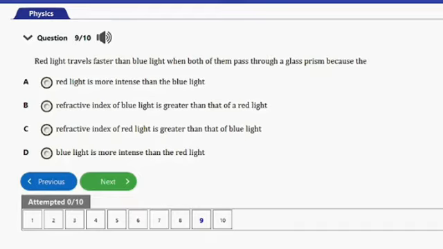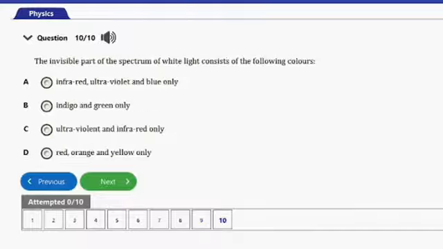C. refractive index of red light is greater than that of blue light. And D. blue light is more intense than the red light. So guys, the answer to this question is option B. Refractive index of blue light is greater than that of the red light. And that's it for this question. So let's go ahead and consider the next and last question, guys. So that's question number 10 here.